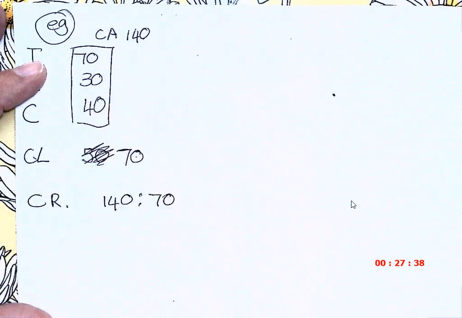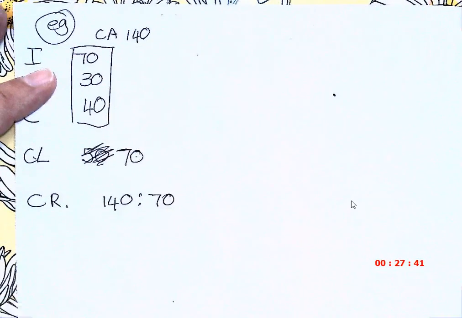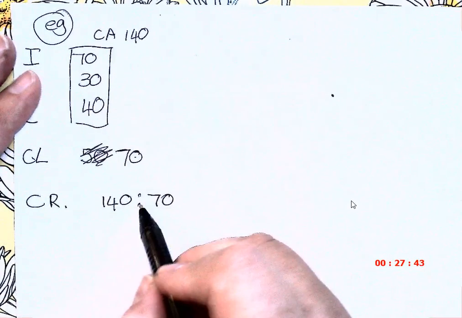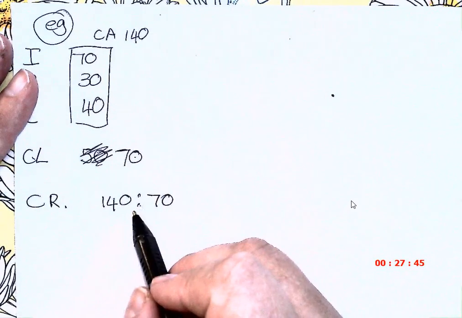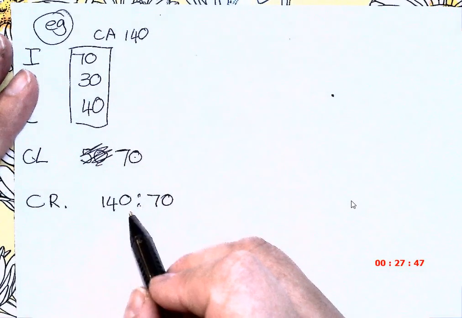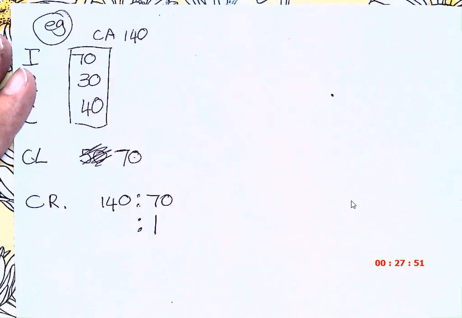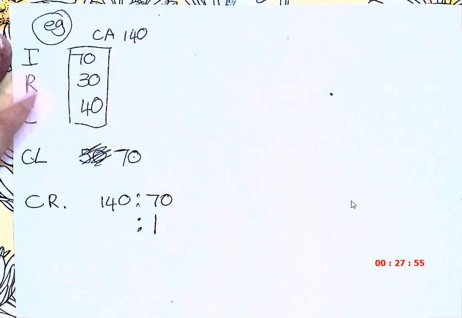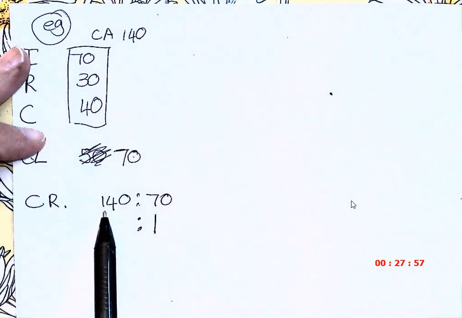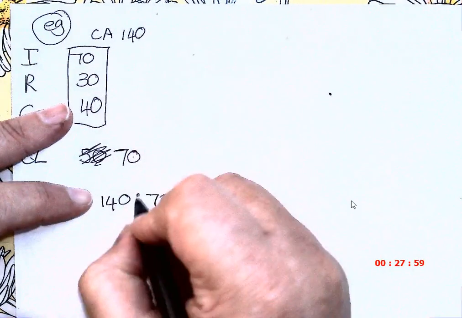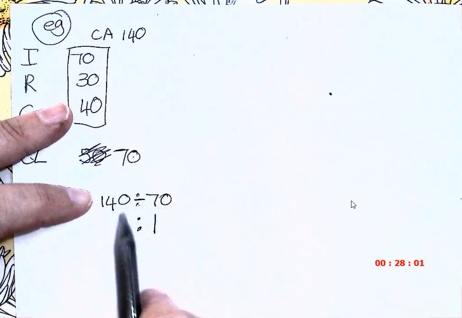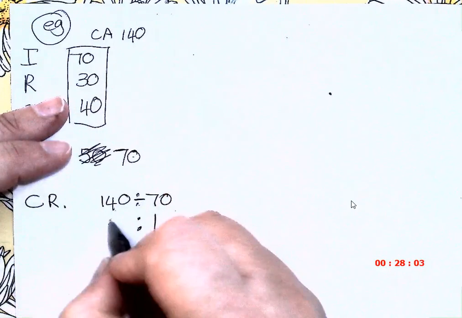Now, if I look at that, what is it? Oh, it's a ratio. What do I do with a ratio? With a ratio, I always put the double point 1. Then I read from left to right. So left says 140. This is like dividing. So 140 divided by 70 gives me 2 to 1.